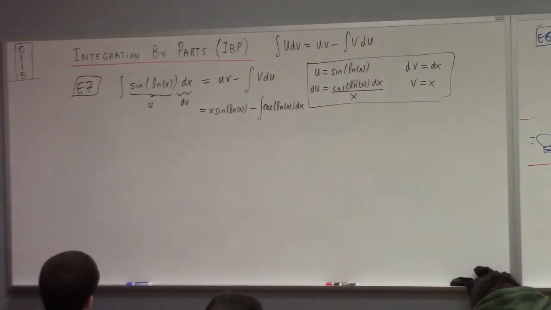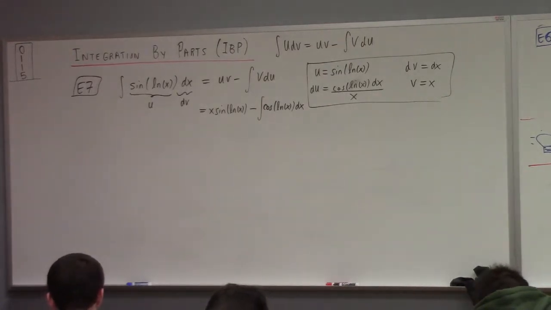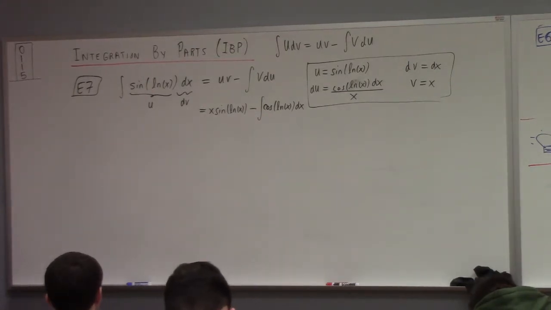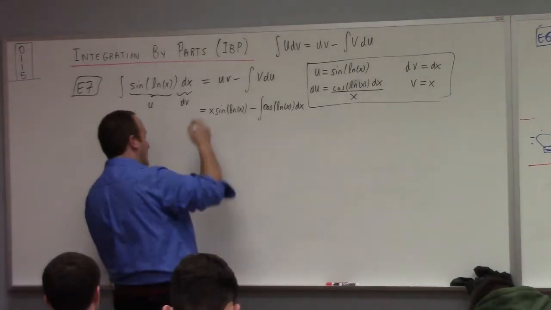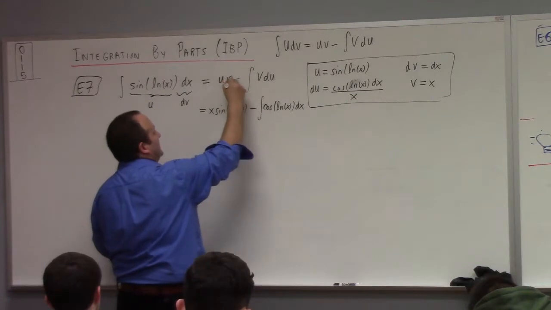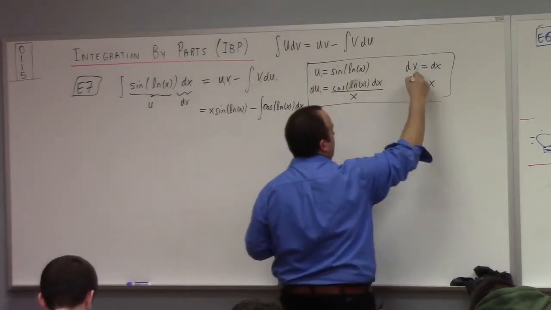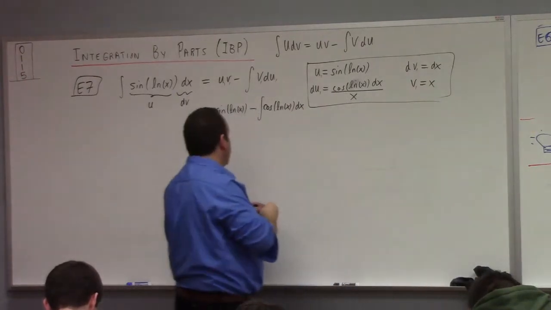Okay, so that's kind of different, right? At this point, I realize I'm going to have to integrate by parts again. So I'm going to do some window dressing here. I'm going to put some ones up here, just to keep myself on the straight and narrow.